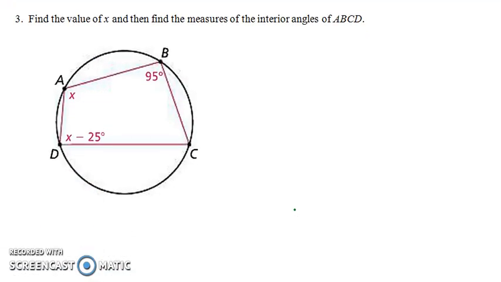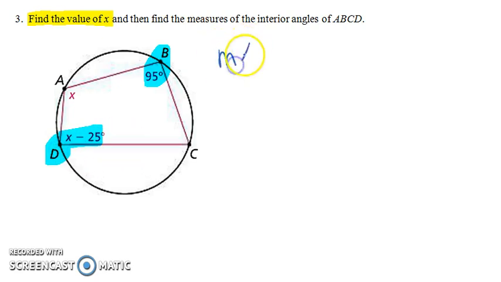Moving to the back, they want us to find the value of x, and then they want us to find the measures of all the interior angles of quadrilateral ABCD. So here, right away my eyes are drawn towards the two angles that have measurements, and they are opposite of one another.